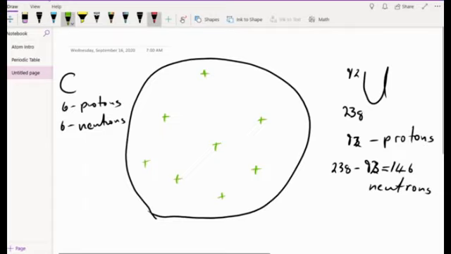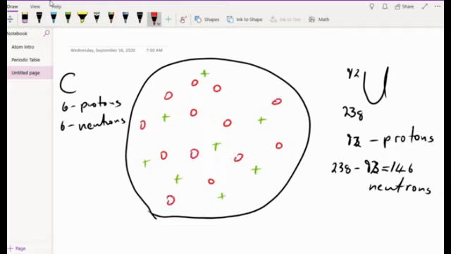Then our neutrons are almost twice our protons. So they are jam-packed with more neutrons than protons.